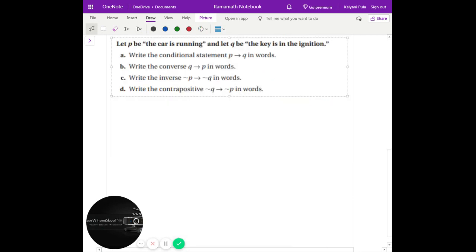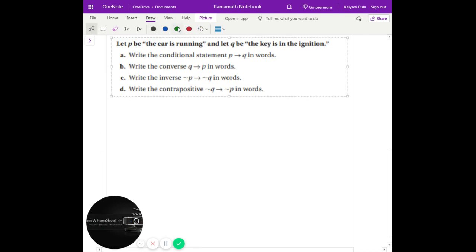Write the converse: if the key is in the ignition, then the car is running. All right, that's good. The conditional statement is if the car is running, then the key is in the ignition. That's right.